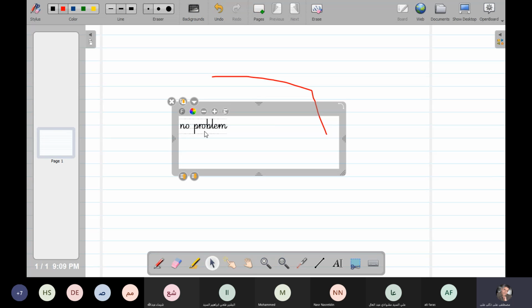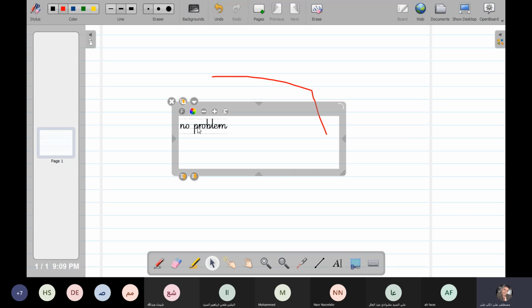No problem. The first word ends with a vowel, which is "oh", no. And the second word starts with a consonant.